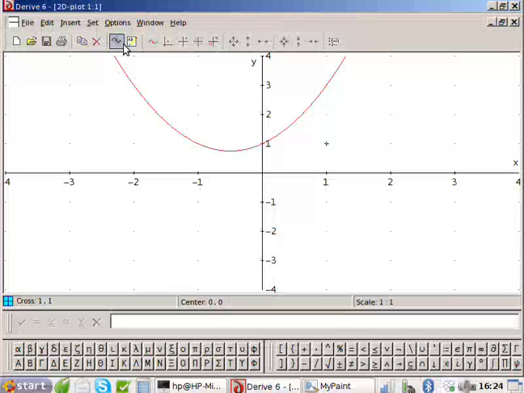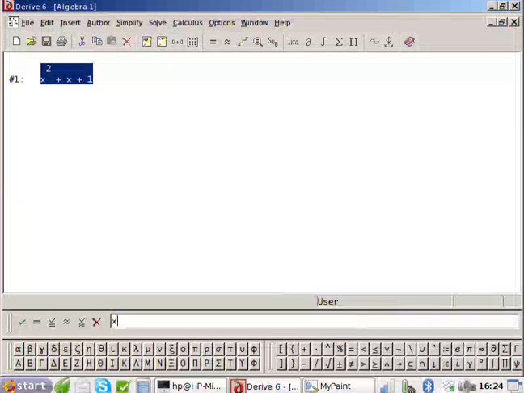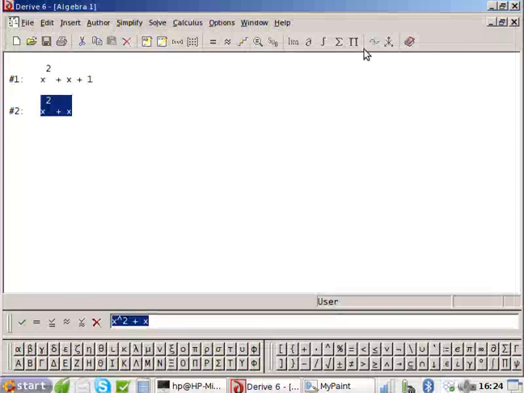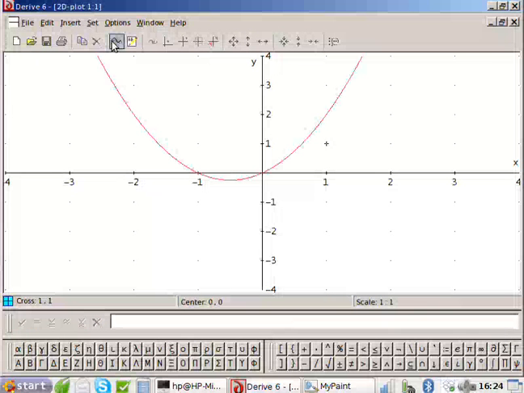So basically, even functions always have a perfect mirror image. And when you think about the x squared graph, it does have this mirror image shape, doesn't it?